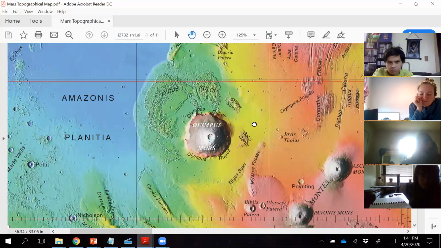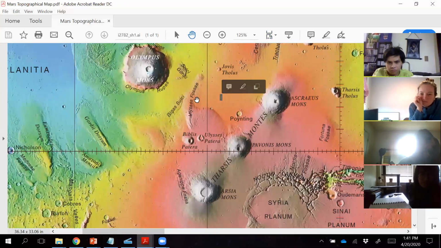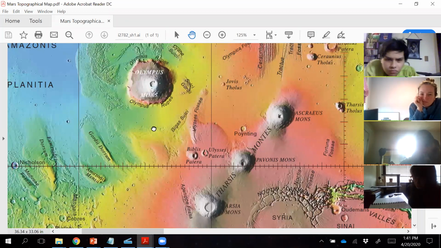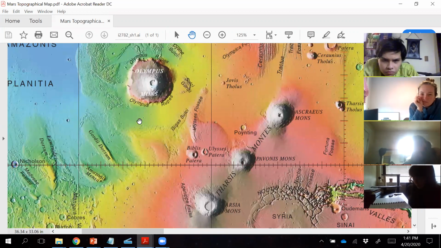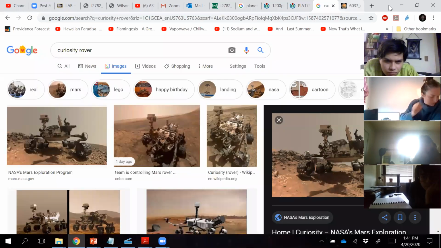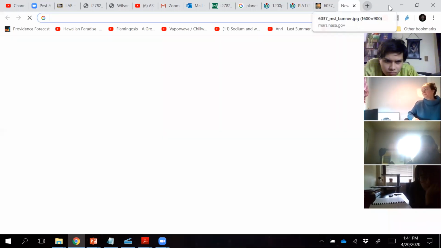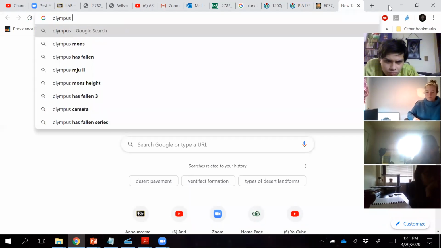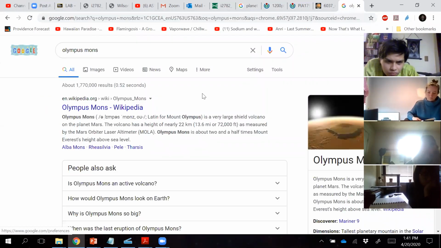What do we notice about crater density in the surrounding plains and on the volcanoes themselves? There's really few. Yeah, very, very little, although we can see occasional ones here. The real idea here is it's necessary to actually look at a high resolution image of Olympus Mons, and there's a beautiful one on the internet that's super high res.